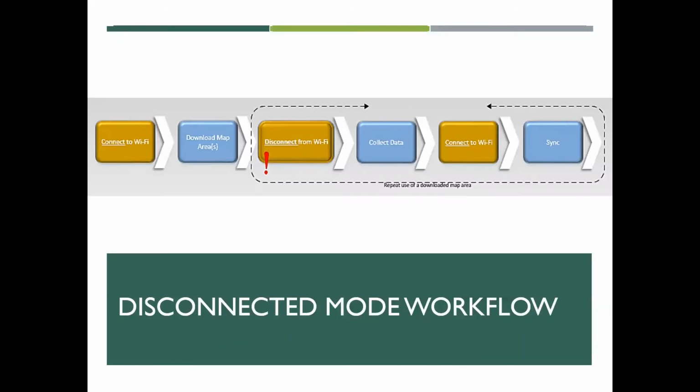But the way to do this is in the office before heading out, connect to a reliable Wi-Fi, download a map area, and once that is in place, you can disconnect from Wi-Fi, go on out and collect data all day, come back to where you have that reliable Wi-Fi. Sometimes that's a hotel, sometimes it's the office, sometimes these days it's our own home. Connect back to that reliable Wi-Fi and perform a data sync.